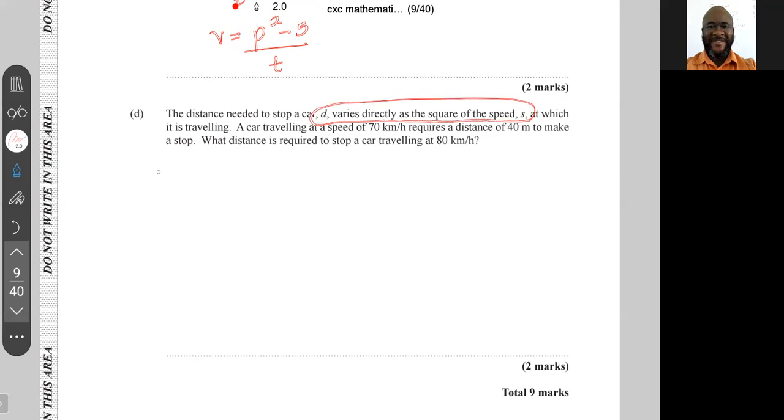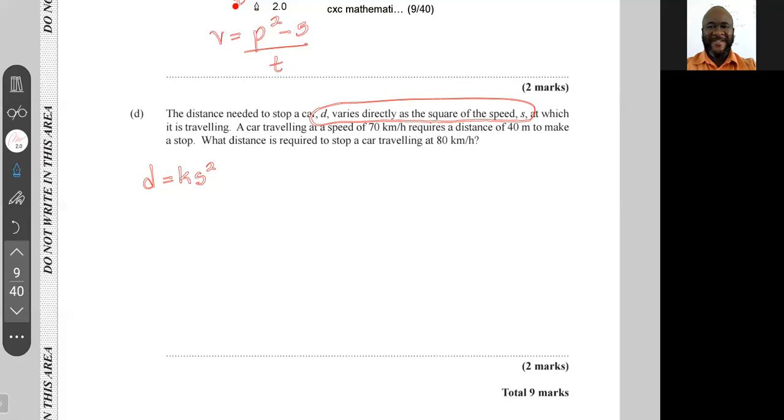And that statement translates into D is equal to K multiplied by S squared. So this is what D, the distance, varies directly as the square of the speed. Remember, if it is directly, it's K multiplied by S squared.